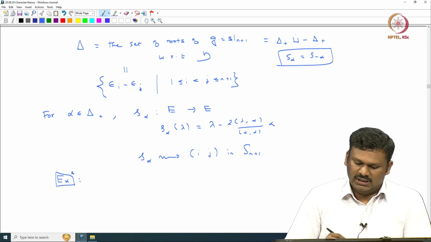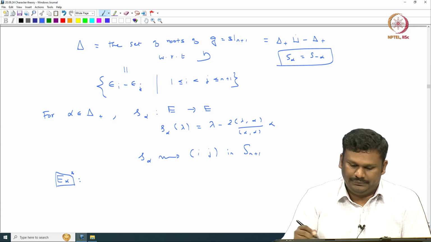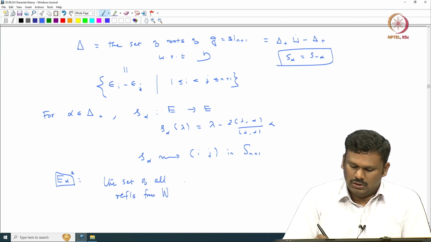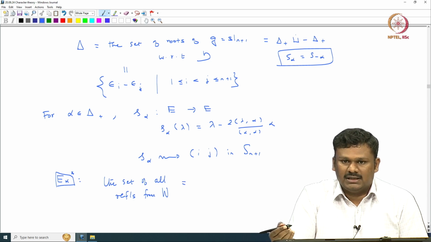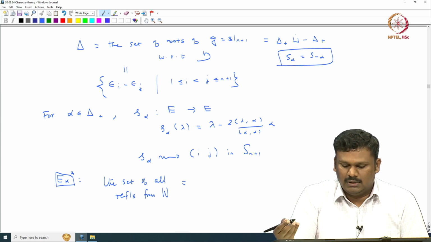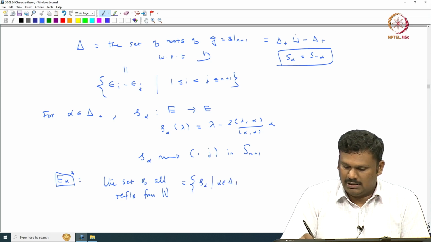This says that if you consider the set of all possible reflections in the reflection subgroup W, this is something we can talk about, because W is generated by the reflections S_i. So, all possible reflections that come from W must be equal to the set of S_alpha, alpha from delta plus.